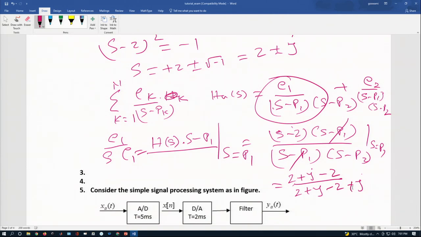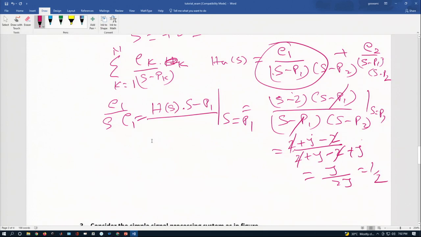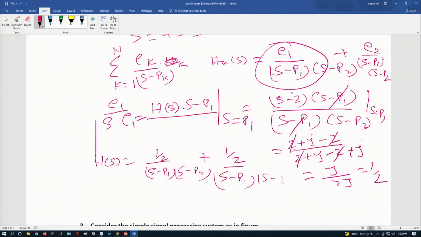Minus 2 plus j. So, I can say that these 2 cancel, 2 cancel. So, it is j by 2j. So, it is a half. So, I can say C1 is equal to half, C2 will also be half. So, I can say H of S is half of 1 over S minus P1 plus half of 1 over S minus P2.